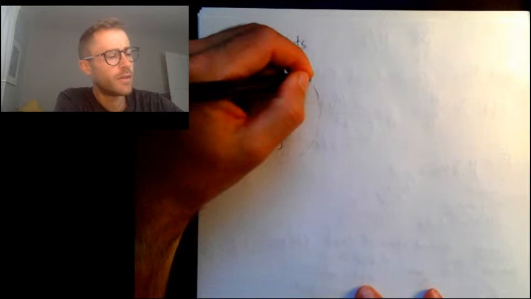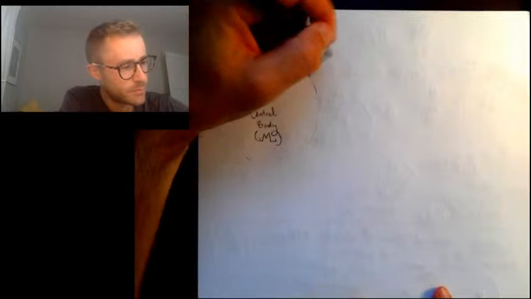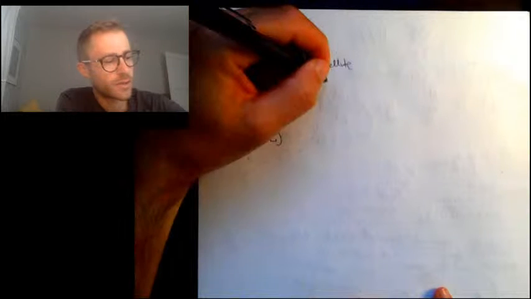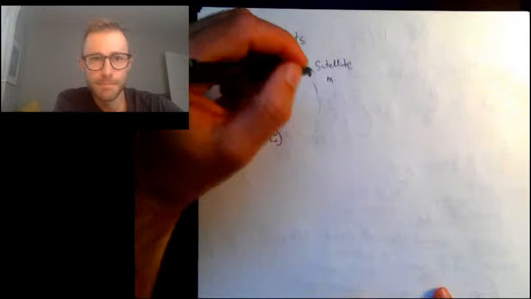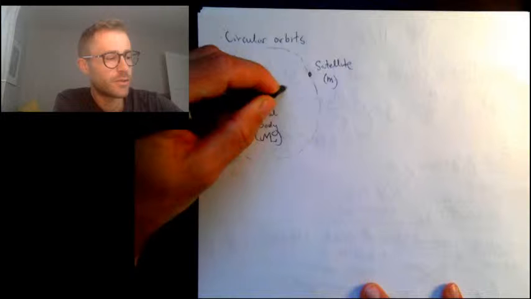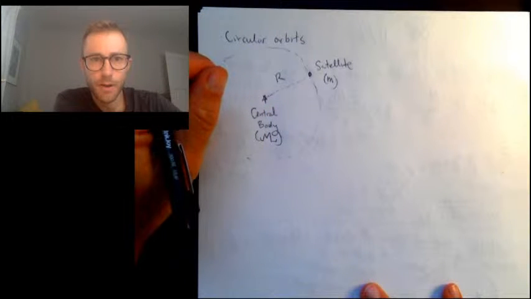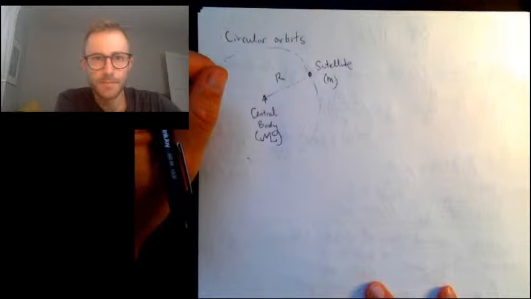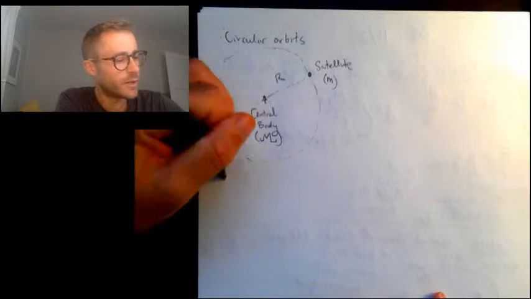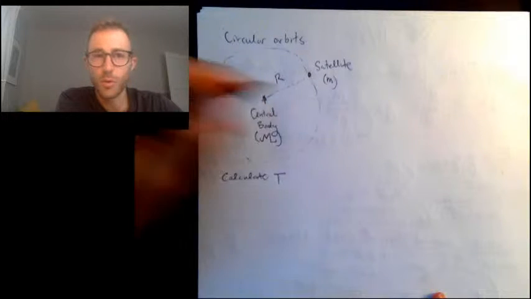Then, the satellite is going to have a mass little m, and it's orbiting at some distance, which we will call big R. What we would like to do is calculate the period of the orbit.